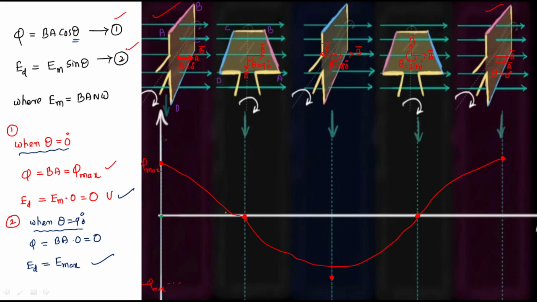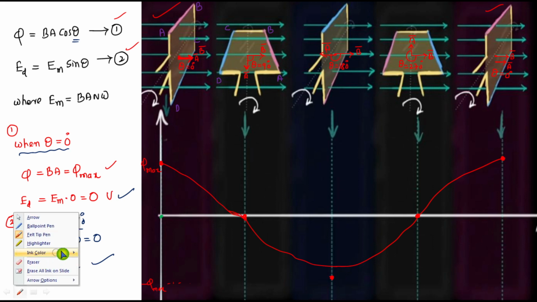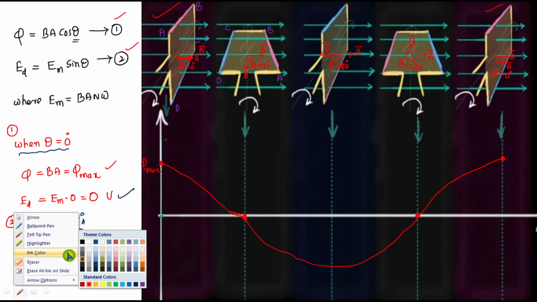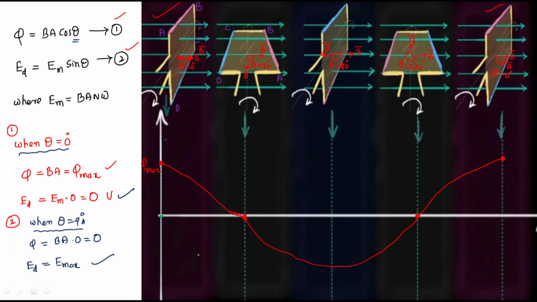this is the graph for different instants. This is minus phi max. When theta equals 0, the flux graph is completed.